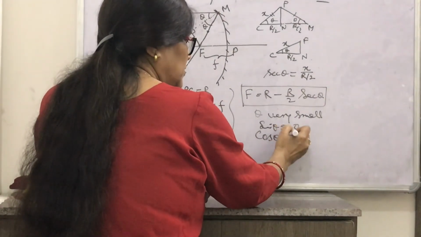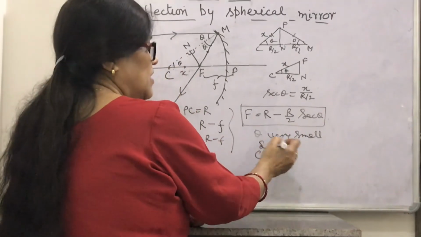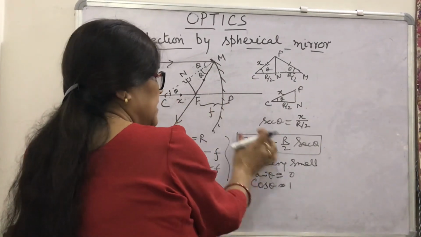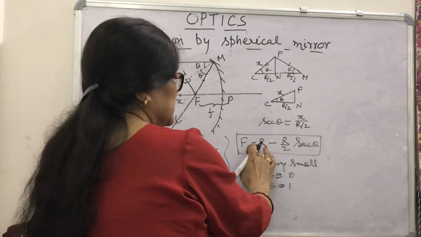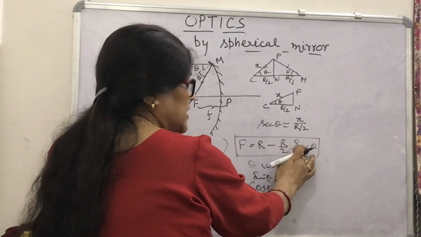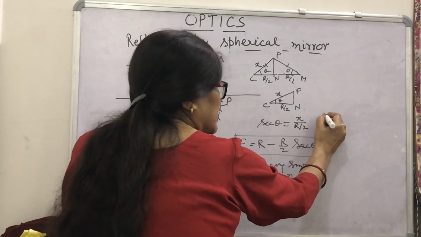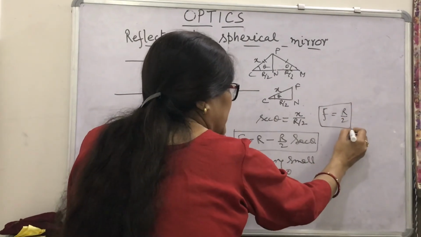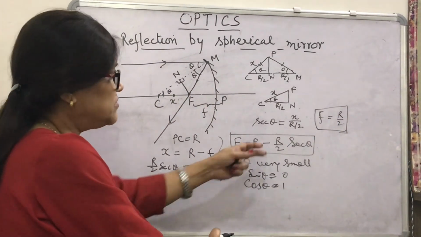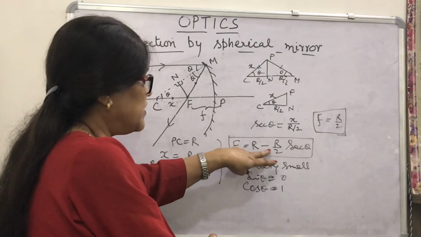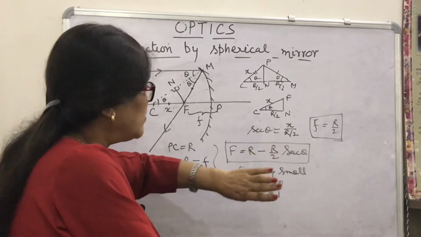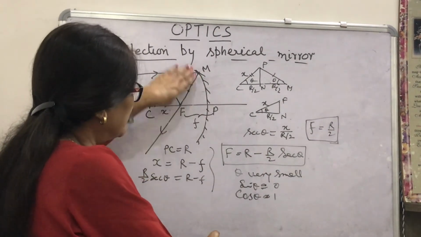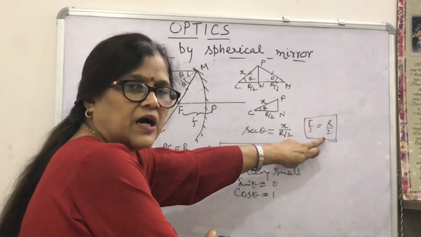Then sec theta will be 1, and for paraxial rays or very small aperture mirror, f will be r minus r by 2, so we get this relation f equal to r by 2. Normally in books this relation is given. So in this way the actual relation is f equal to r minus r by 2 sec theta for all mirrors, and for mirrors of a small aperture, f equal to r by 2. Okay.